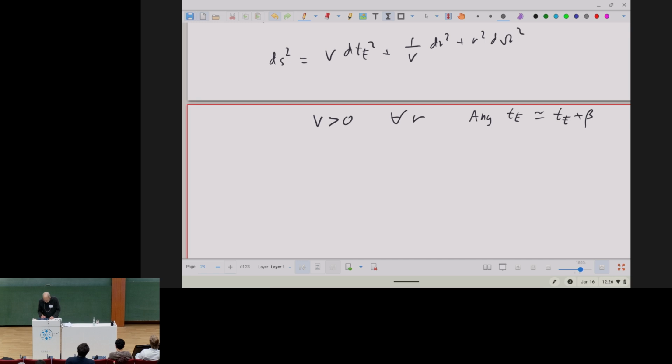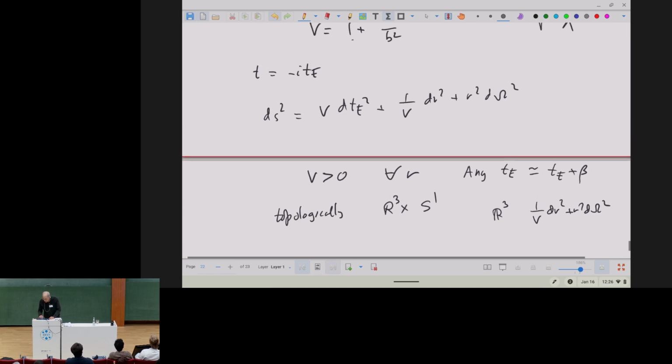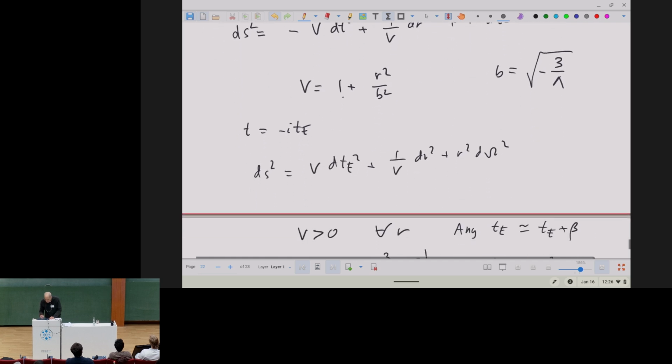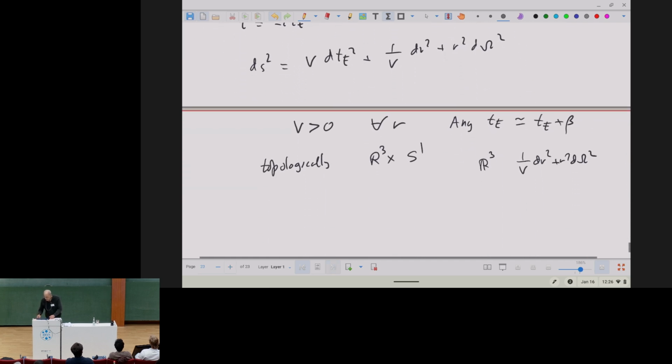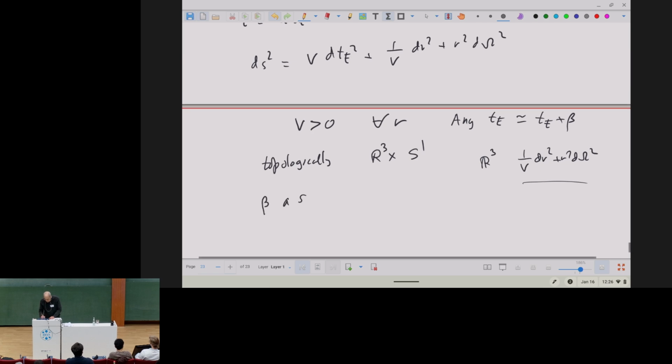So topologically, it'll be R3 times S1, where the R3 doesn't have the standard flat metric. The metric is 1 over V times dr squared plus r squared d omega squared. But because V is 1 near r equals 0, as we see here, this is a smooth metric on R3. Near r equals 0, it looks like the standard flat metric in spherical polar coordinates. So beta is a sort of temperature parameter.